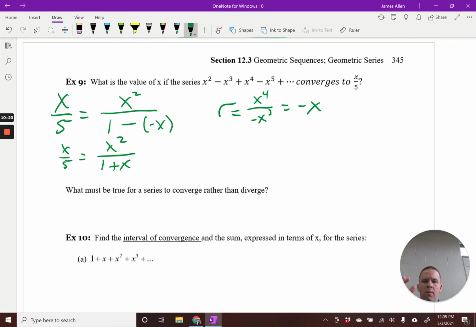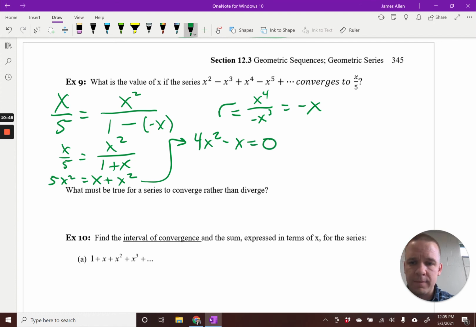And now, what could I do here? I guess we go ahead and cross multiply, right? So I'd have 5x squared equals x plus x squared. All right. And then it looks like I'm dealing with a quadratic situation, right? So I'm going to set everything equal to 0 because that's what I've always done with quadratics, and it hasn't failed me yet.